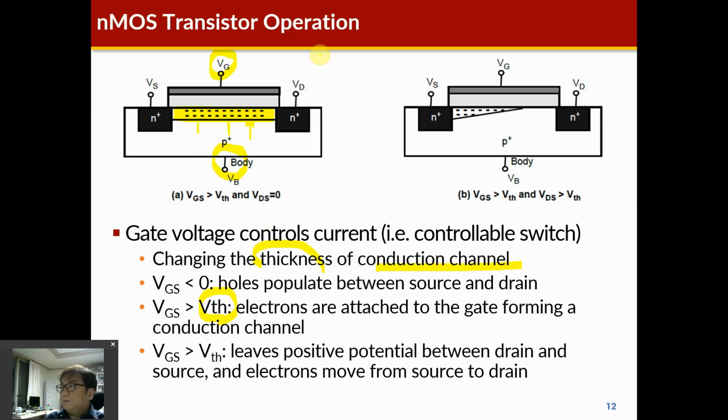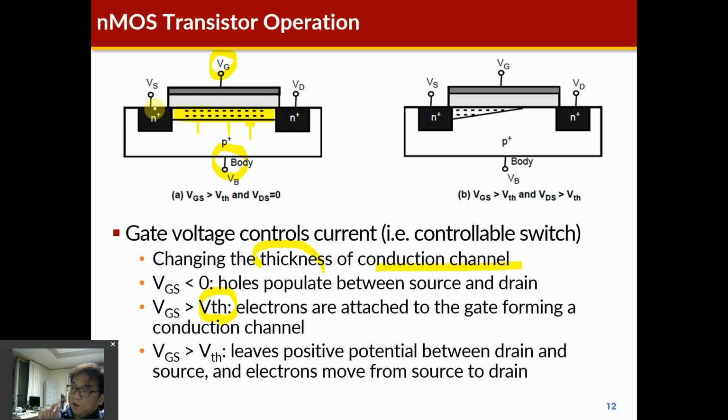Then if we set some positive voltage between the source and the drain of this MOS transistor, then through this channel, the electrons can flow from source to drain. That's the basic operation of the MOS transistor.